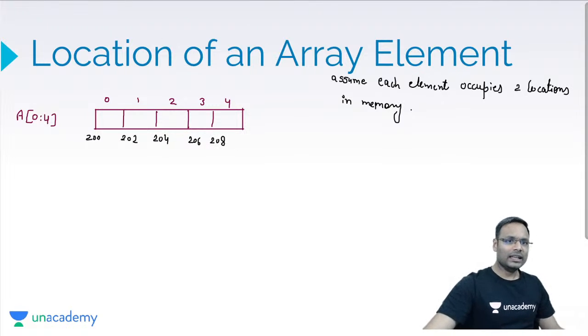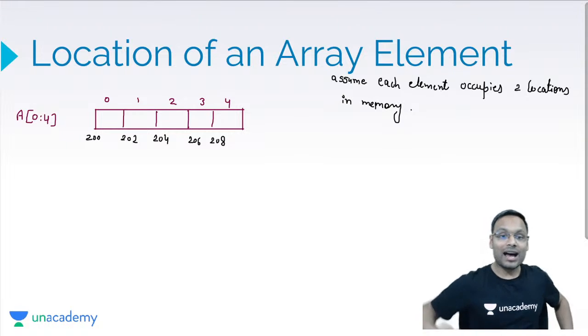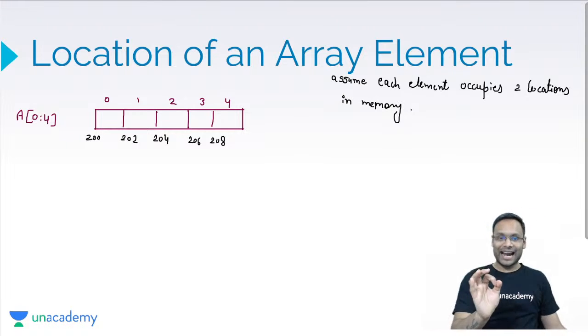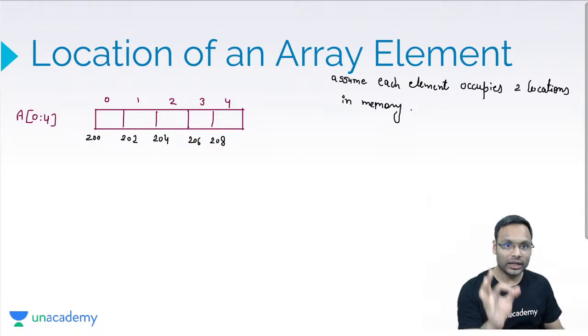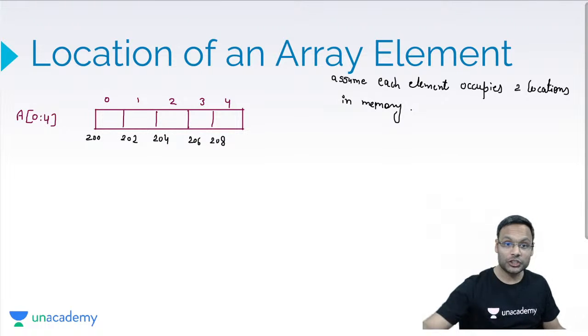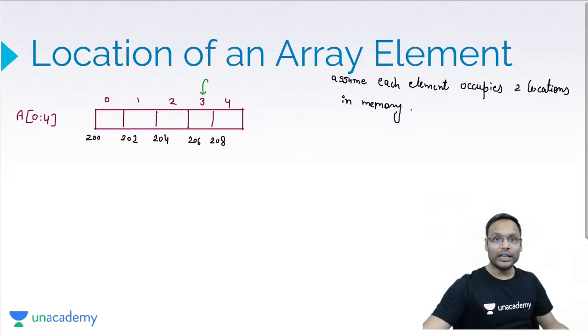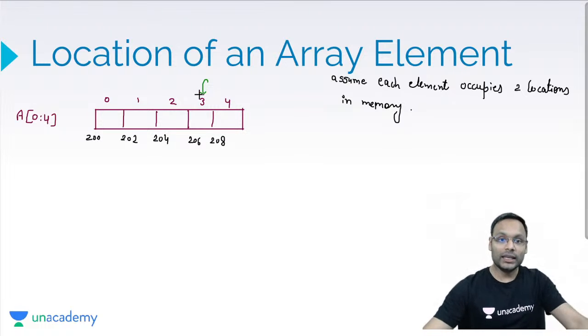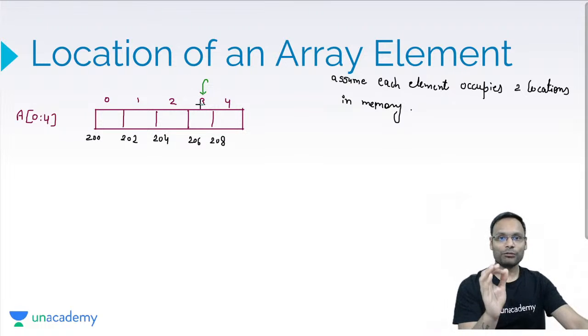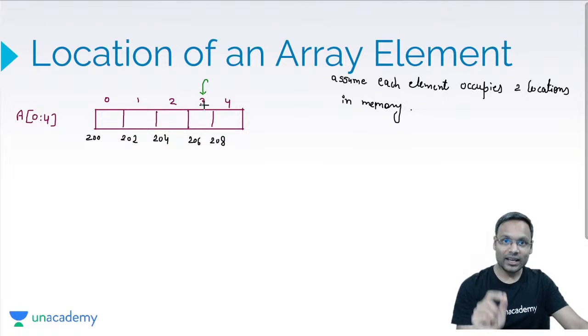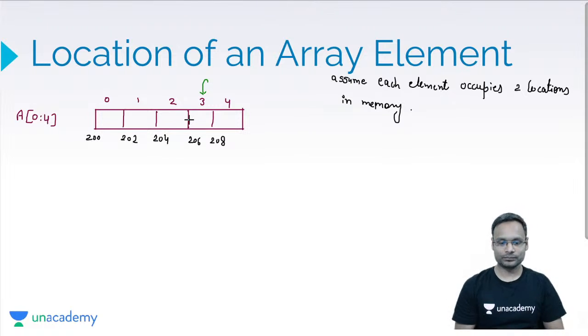Let's assume I am asking you to get the address of an element at index 3. If I am asking what is the address of index 3, you need to first find out how many elements in the array are present before this element at index 3.